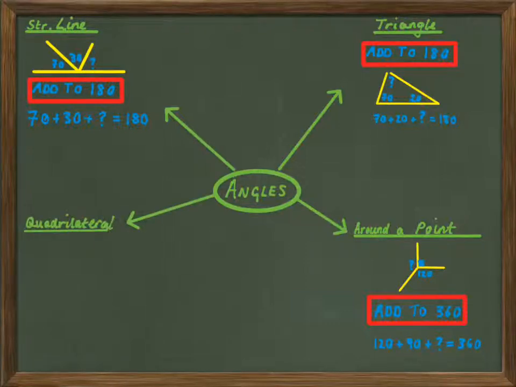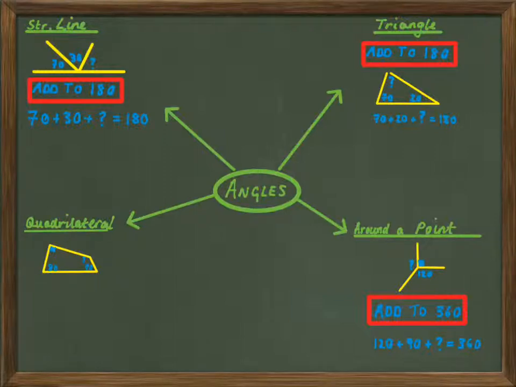Next one, quadrilateral. Now this is a fancy word, basically, for four-sided shapes. So a square, a rectangle, a trapezium, anything which is irregular, so it doesn't really look like a particular shape we know, but has 4 sides. This is the fact that you need to know. So there's my 4-sided shape. I've got 80, 70, a right angle, and a little question mark, which you can't quite see, it's quite small.